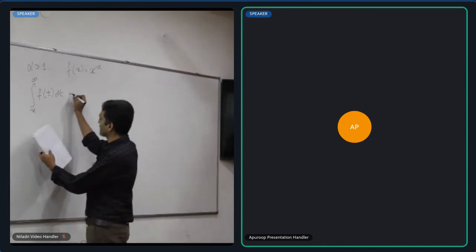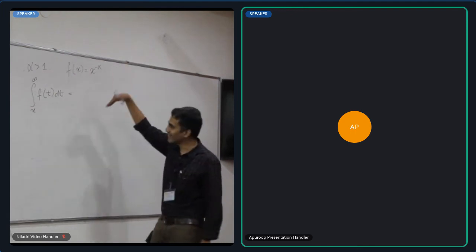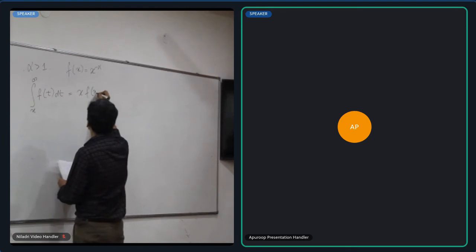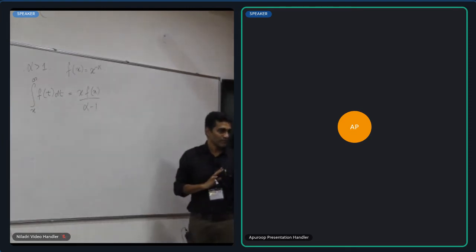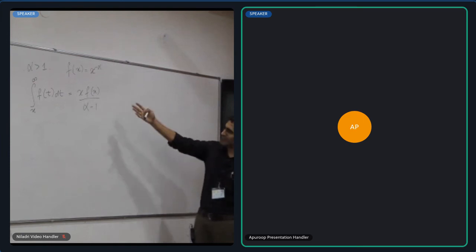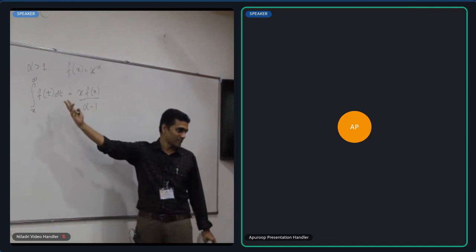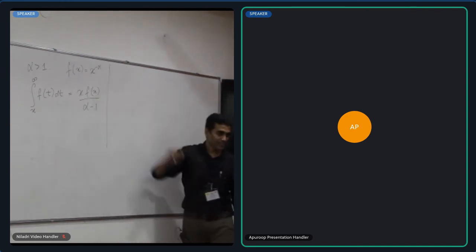You can easily see you're going to get x raised to minus of alpha minus 1, divided by alpha minus 1. So I'm going to write that as x times f of x upon alpha minus 1. This is the kind of thing that you would do if you were integrating the tail of a density function, for example. So if you have a power law, then this is what happens.